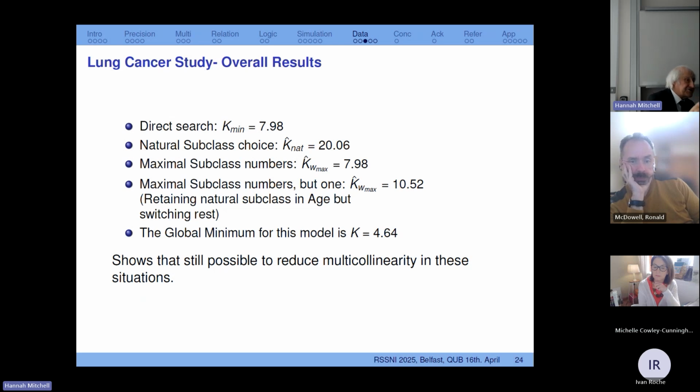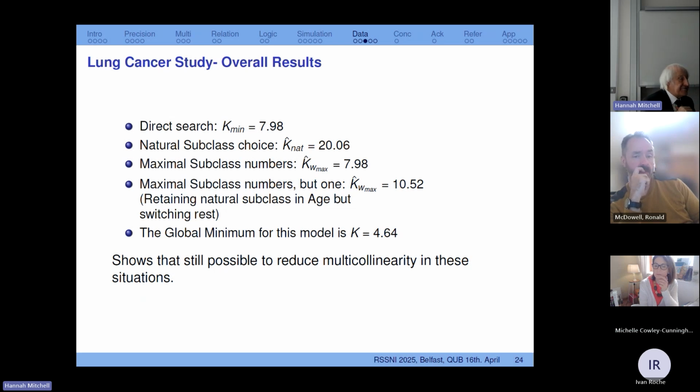It doesn't matter how much you argue with them that multicollinearity would be reduced if you did this. They say, no, I must have age categories like this, and for the purposes of interpretation, I must have that in a certain order. But you can see that even when you don't switch all the subclasses, you still make a saving in the reduction of the multicollinearity.